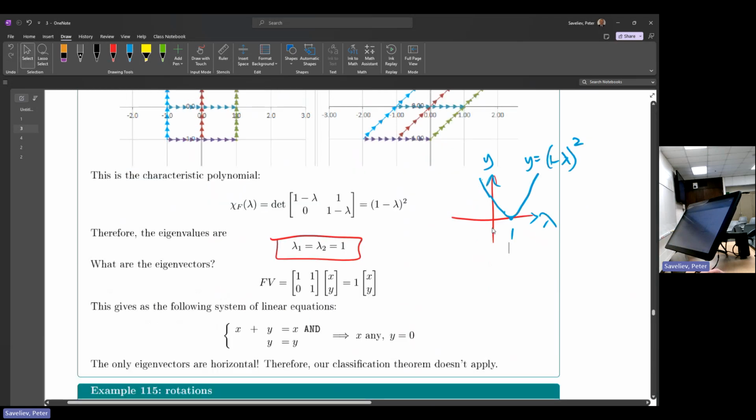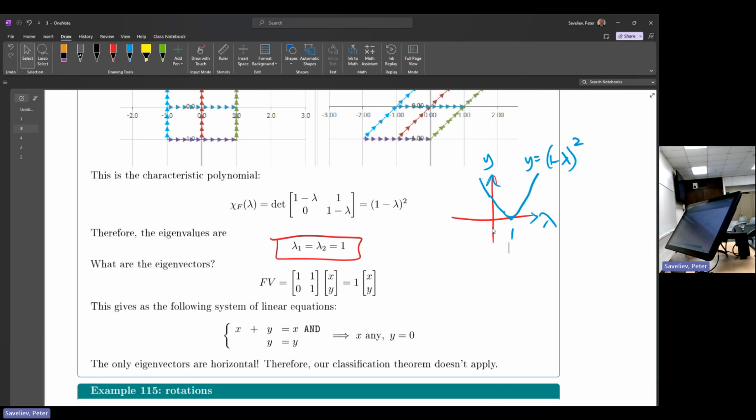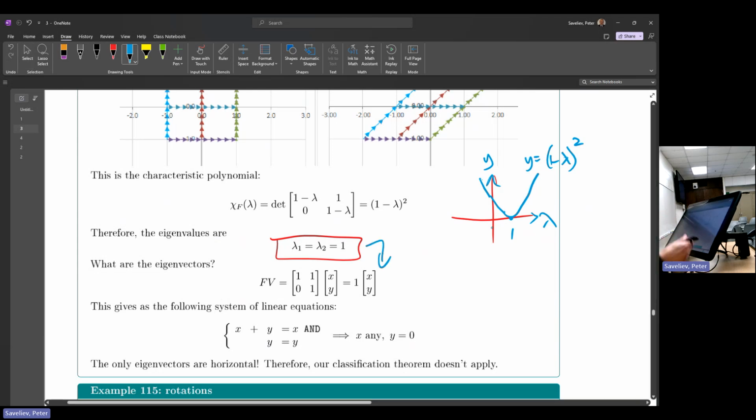It's not covered by the classification theorem, because as you can see, there's only one eigenvalue, so when we carry out the same computation as before, there's only one to carry out because it's the same.